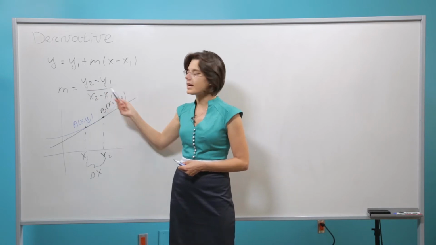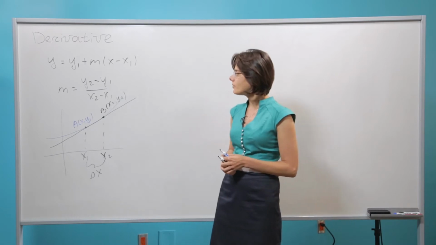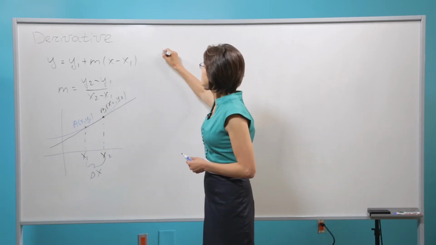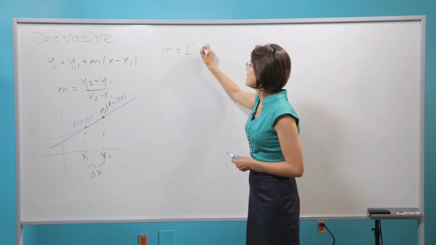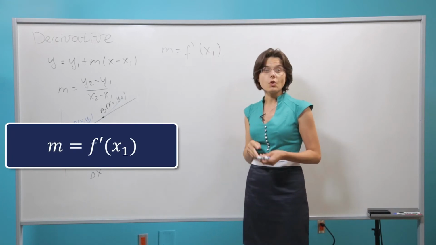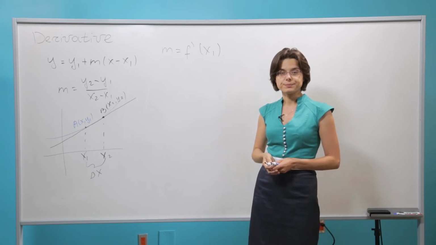Thus the difference between y2 and y1 is very small. In such a case, we can find a new formula for the slope, which is called the derivative of the function at some particular point x1. So in other words, the slope is the derivative of the function at some particular point.